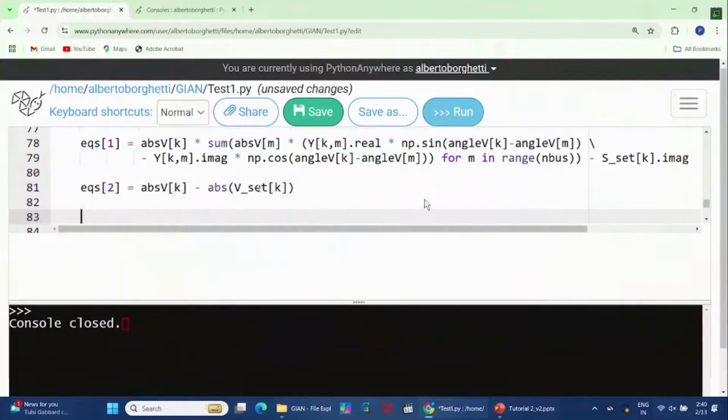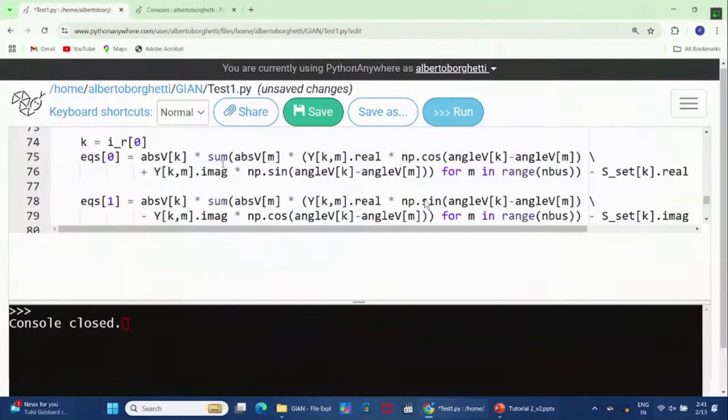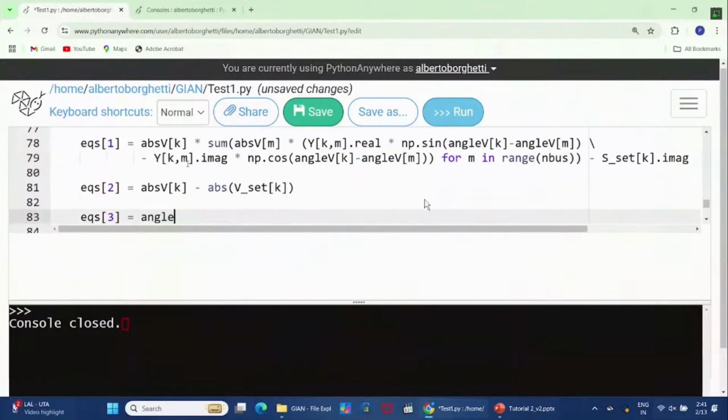And then equation 3, that is the last one, it is the angle. The angle should be 0, so angle. We have defined the angle here, the variable in node K minus, and we can say that it is 0 or it is np.angle.